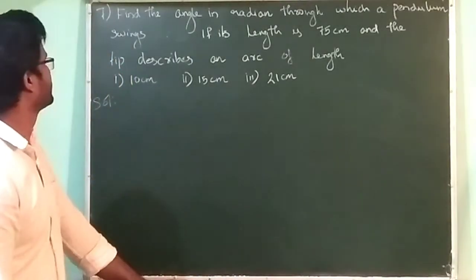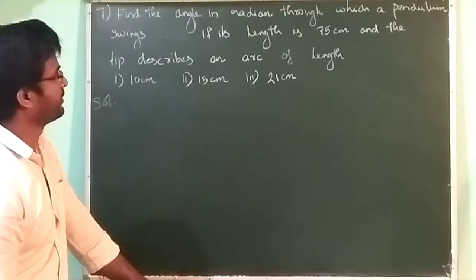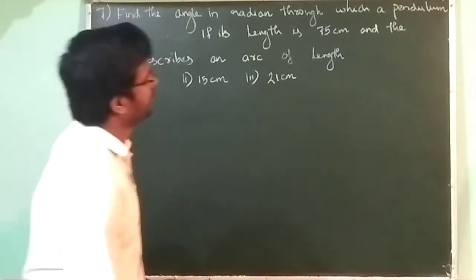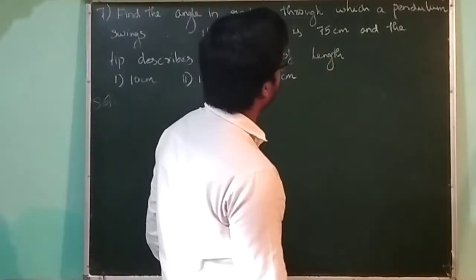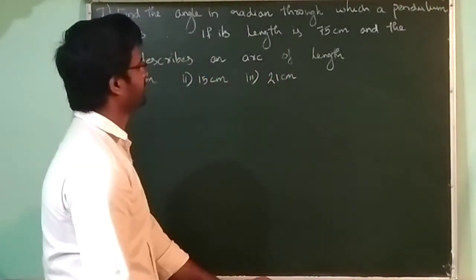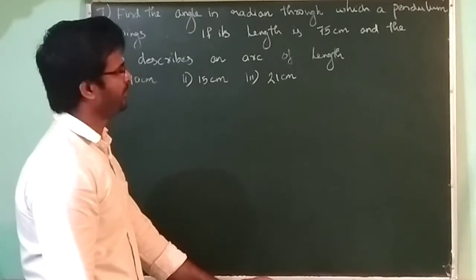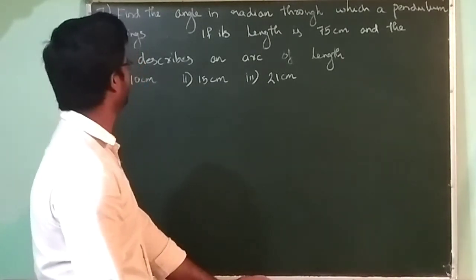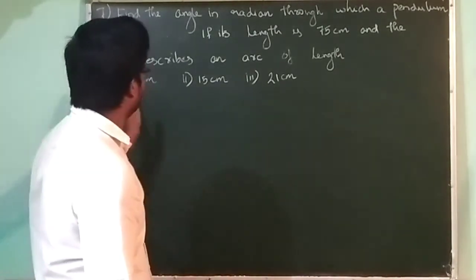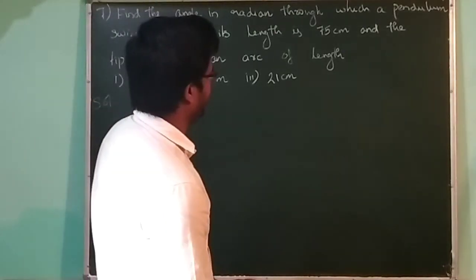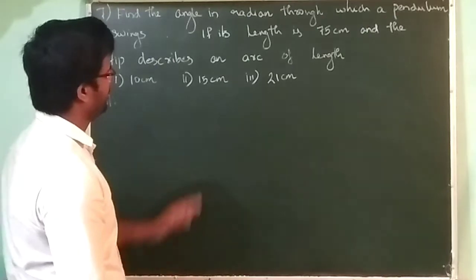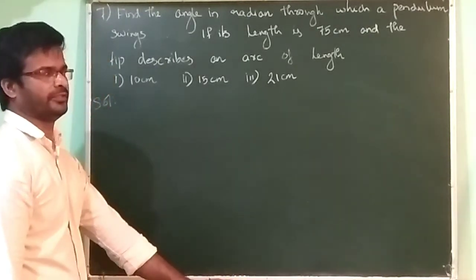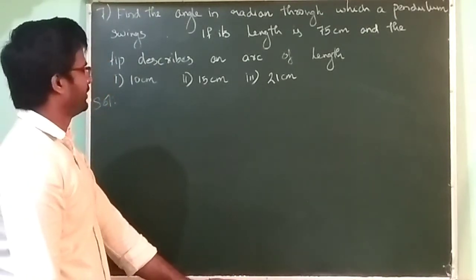Now we can do question number 7. Find the angle in radian through which a pendulum swings if its length is 75 centimeter. That means the length of that pendulum is 75 centimeter. Its tip describes an arc of length: Roman number 1 is 10 centimeter, 15 centimeter and 21 centimeter.